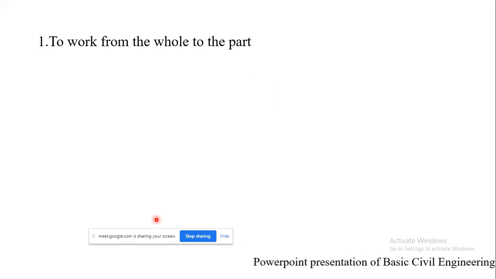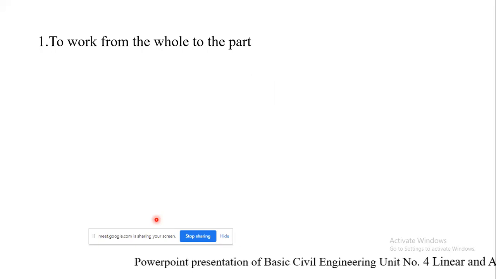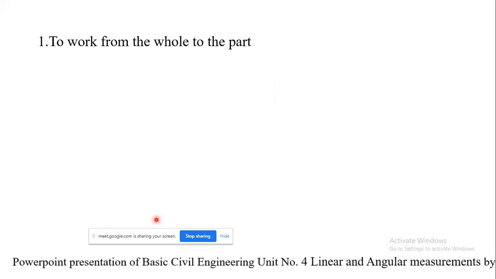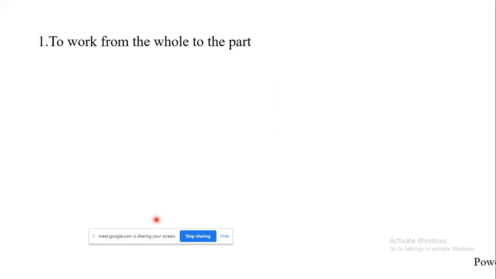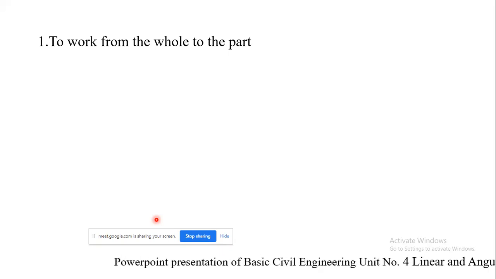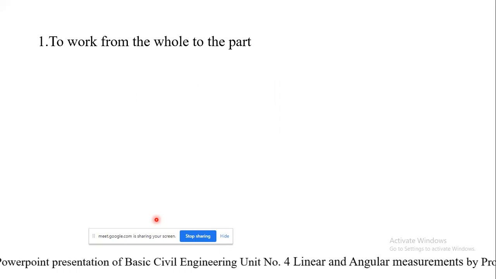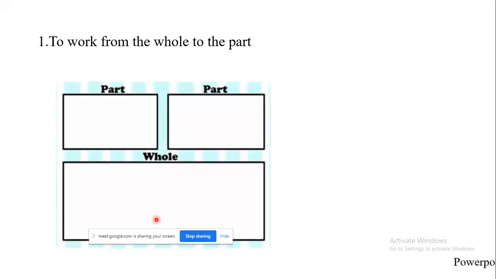That is, you are going to divide the entire work into small parts, so that whatever error is supposed to get accumulated can be neglected and can be found out at that particular place only. That is the basic principle.